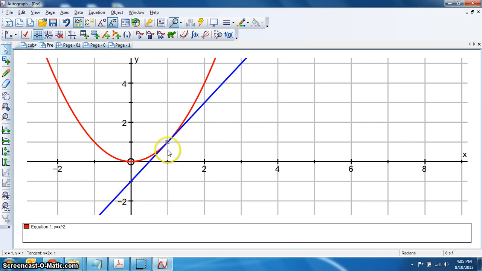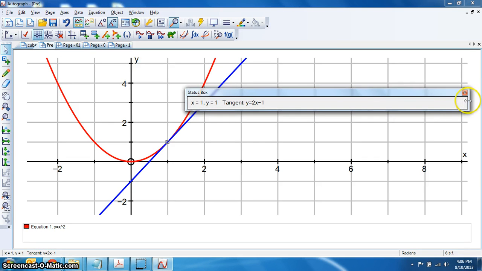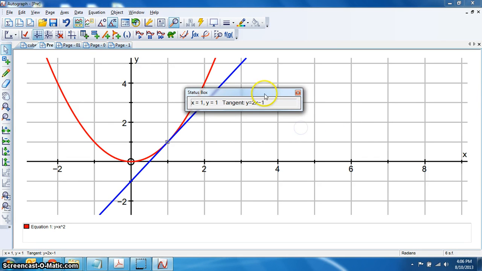Well, what does the slope of a line tell us about the line? The slope of a line tells us how fast the line is changing with respect to the y and x axes. So for example, here's the information about the tangent line. The tangent line has slope 2 at this point.